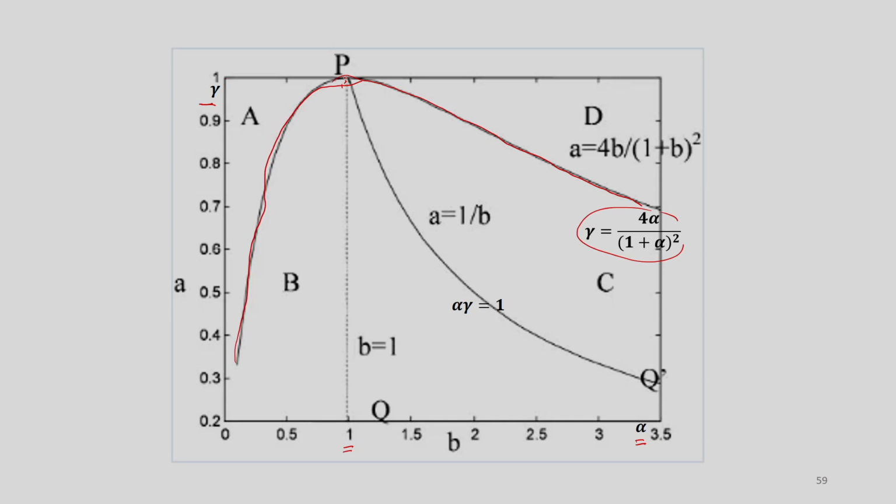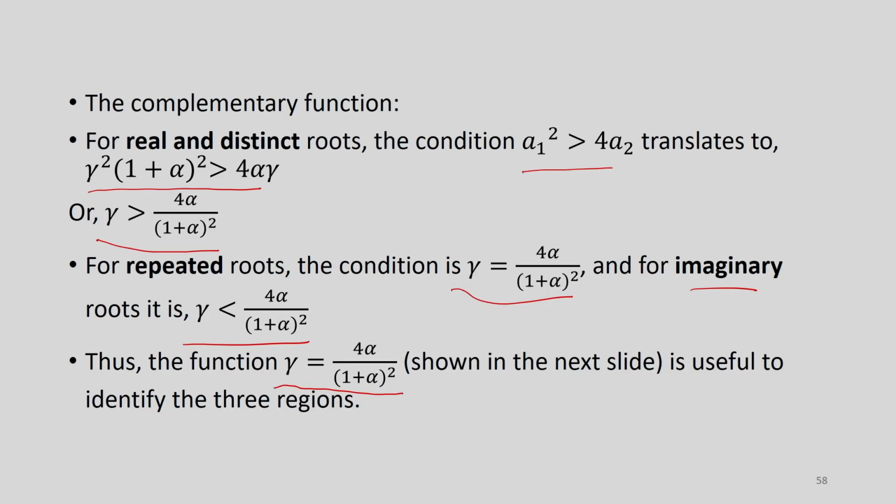As we have just seen, there are three regions here. One is above this function, that is A and D. At A and D, gamma is strictly greater than 4 alpha divided by (1 plus alpha) whole square. This is the case of real and distinct roots.